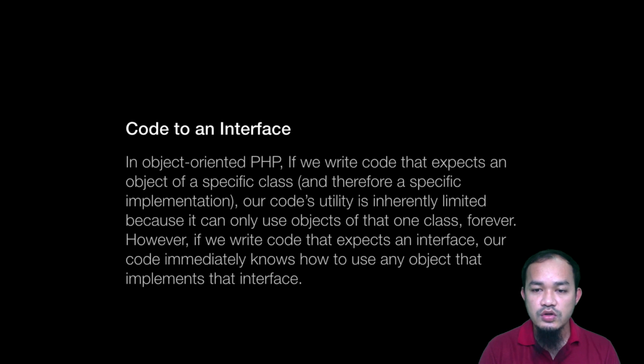However, if we write the code against an interface, our code immediately knows how to use any object that implements that interface. So when you implement the interface, you can define your own function and your own procedure inside, instead of inheriting everything from the class.